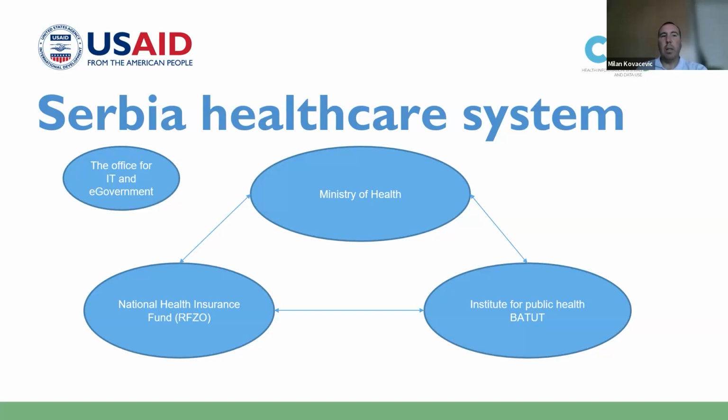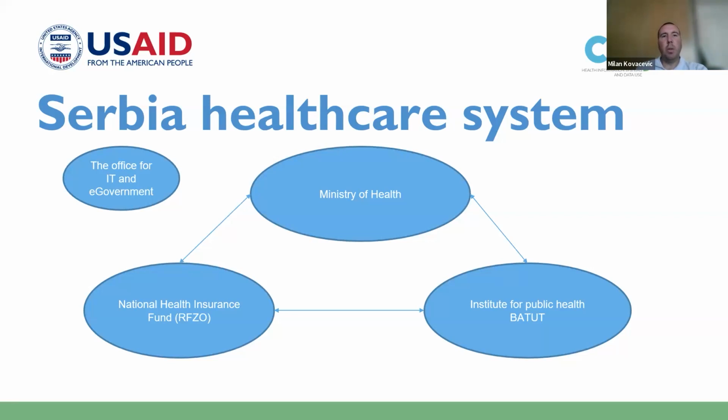The Office for IT and e-Government is something similar to the DTO that you have in Indonesia, but it is an entity for itself. It is not part of the Ministry of Health. In Serbia, the Ministry of Health is in charge of coordination and has the lead for policy and legislation of the health system.